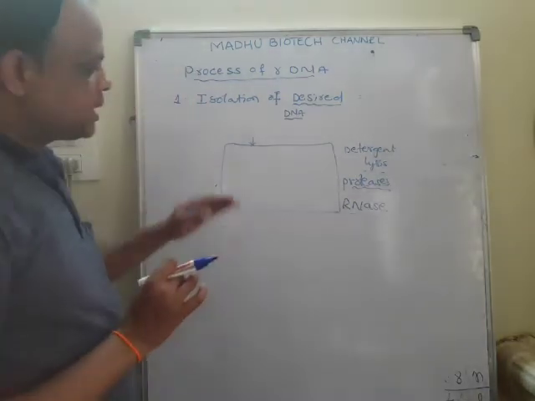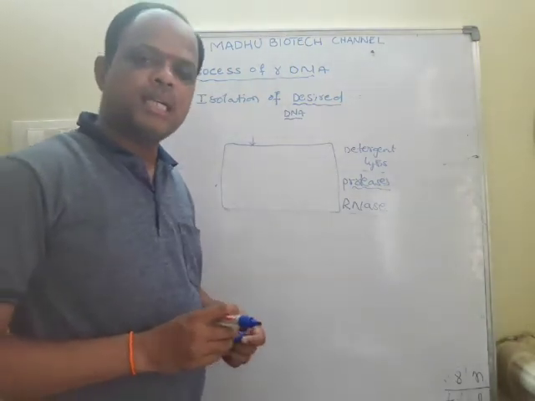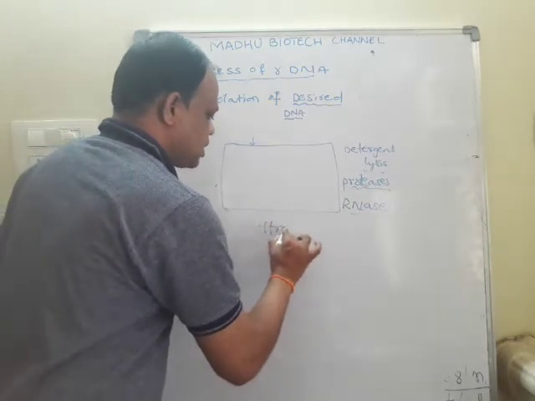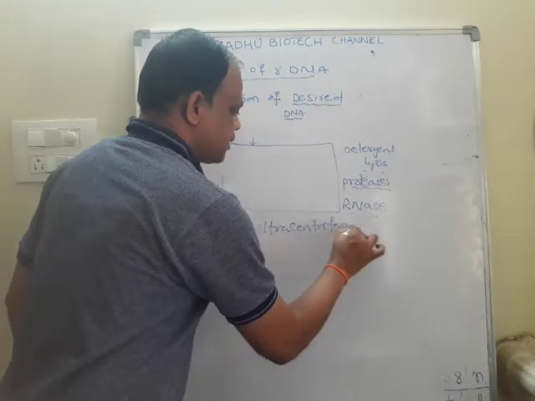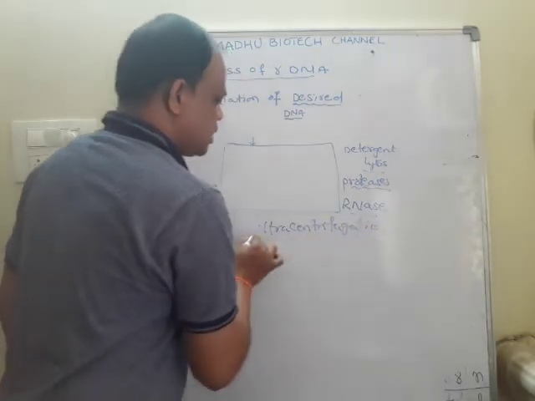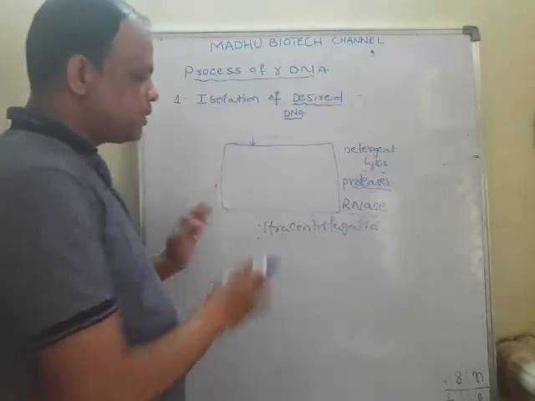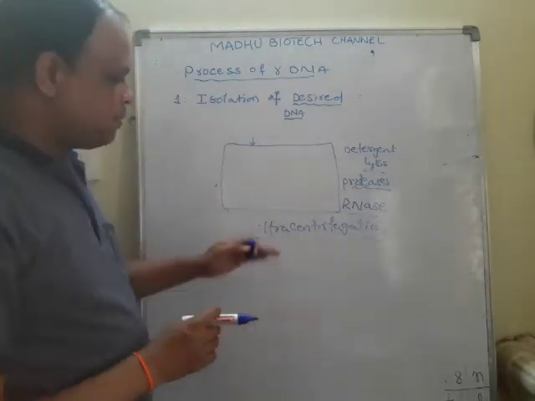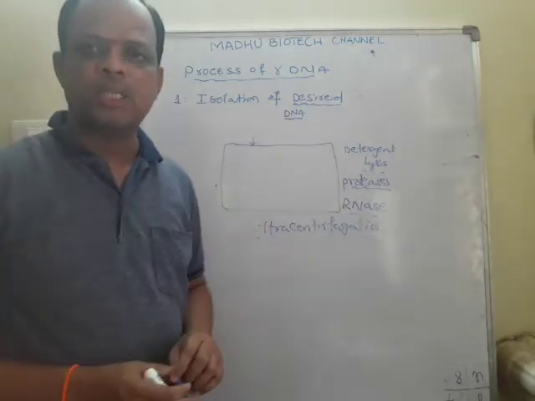Then after that, all the cytoplasmic mass is treated with ultracentrifugation. With the help of centrifugation, the pure form of DNA is isolated.